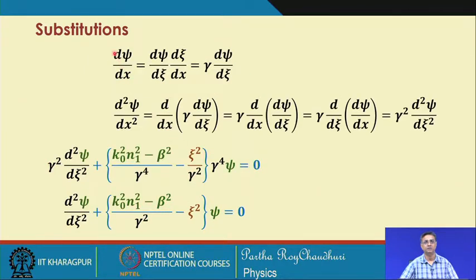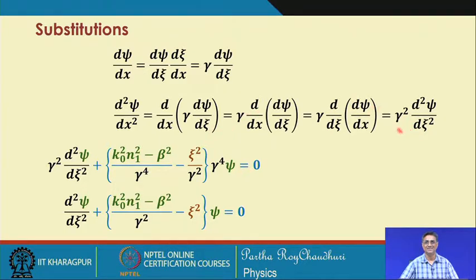To do that, we did simple differential calculus: del psi del x equal to del psi del xi into d xi by dx, which will give you gamma times del psi del xi. If you differentiate twice, then this will give gamma twice. Therefore, del 2 psi del x square will be equal to gamma square del 2 psi del xi square.